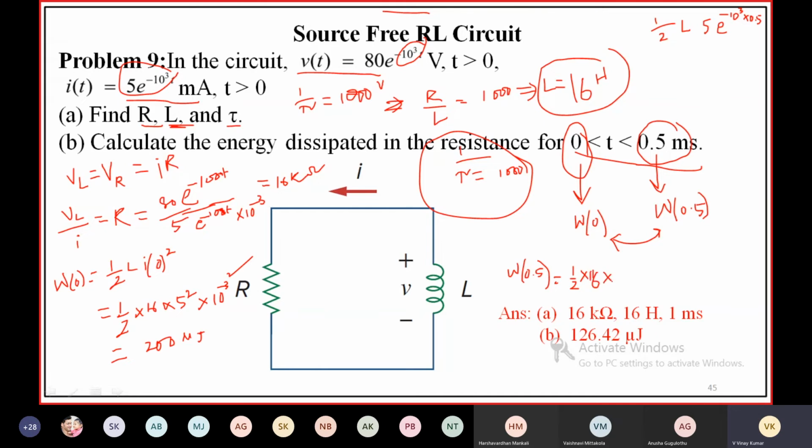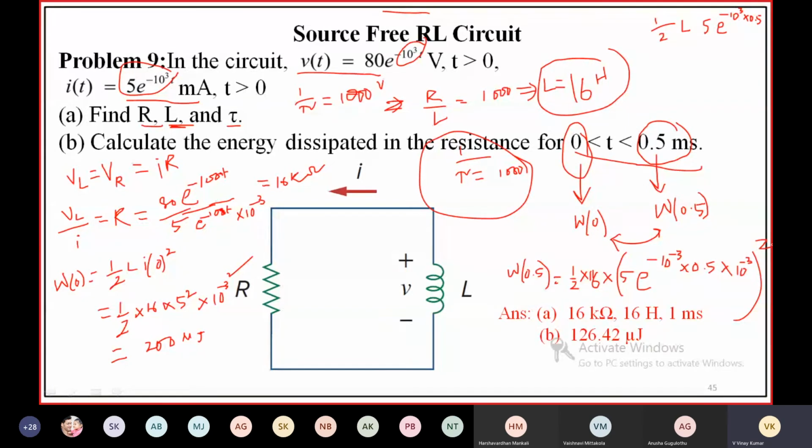L into I square: 5 into e power minus 10 to the power of minus 3 into time t is equal to 0.5 into 10 to the power of minus 3, whole square.